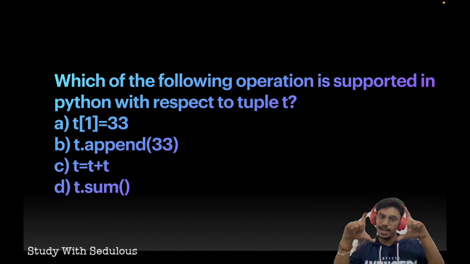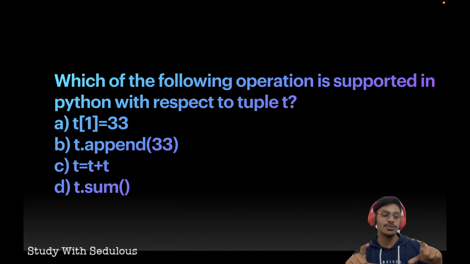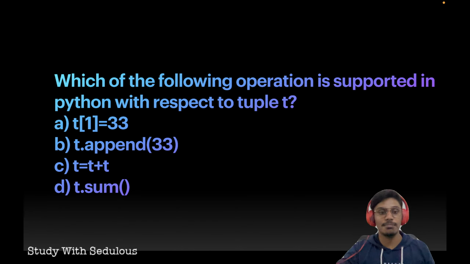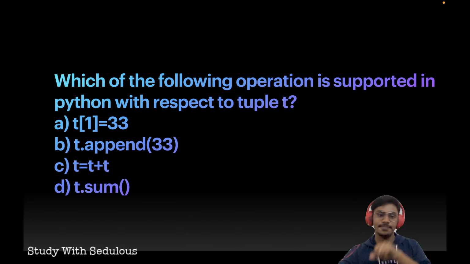Inside the parenthesis we are getting the t, not t dot sum. So option D is wrong. Option C is the right answer.